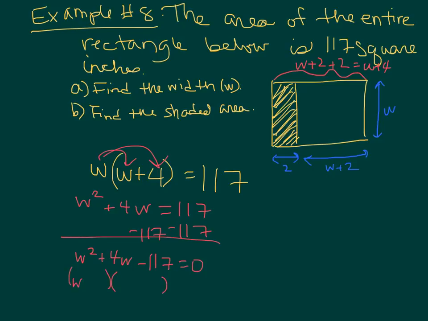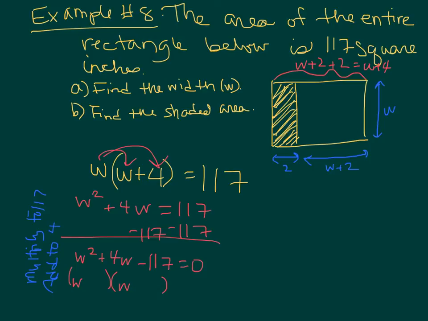Now, I'm going to start with a W and a W. To fill in the other two blanks, I need to come up with numbers that multiply to negative 117 and add to positive 4.